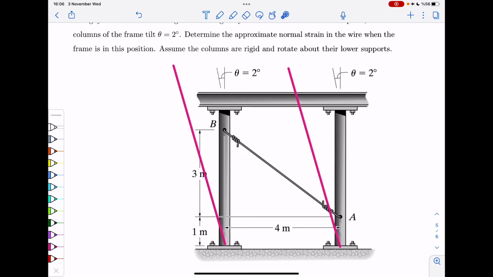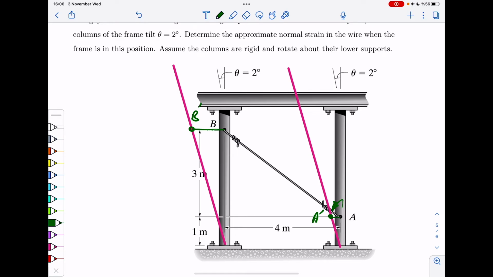So basically what happens is you need to compute the length of that cable after the deformation and before the deformation. So after this earthquake, point A would jump to this point. So let's call it A prime, right? Point B would jump to this point. Let's call this B prime.